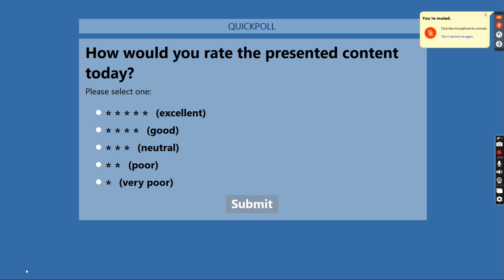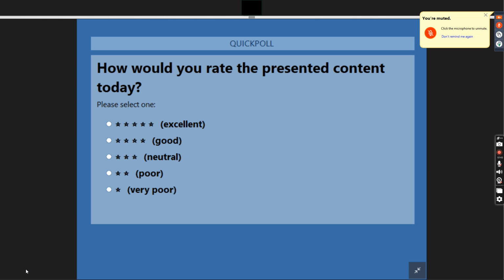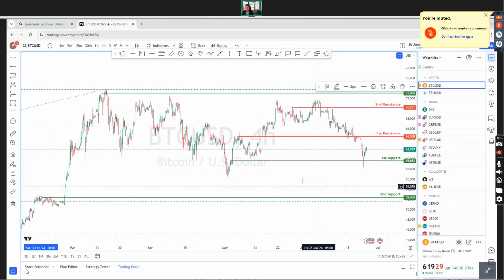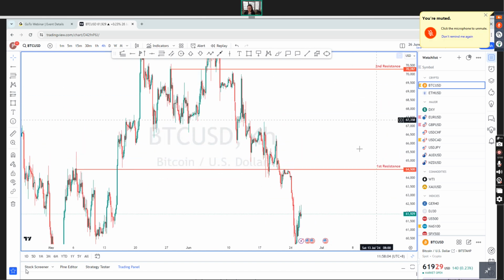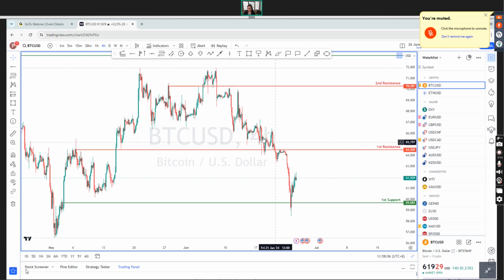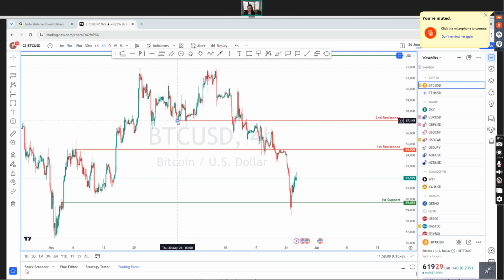Okay, let me close the poll first. Okay, then you guys can see. For BTC, based on the H4 time frame, this is my key level. The level is not very nice, but let me just move down.